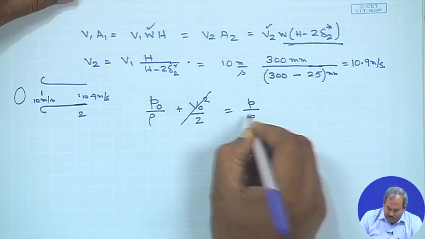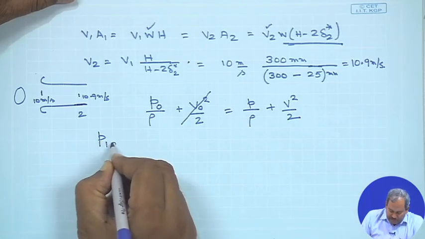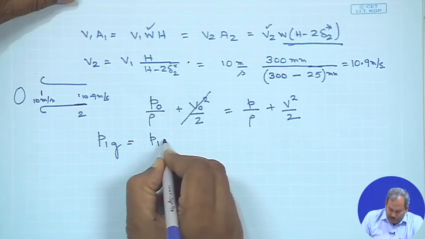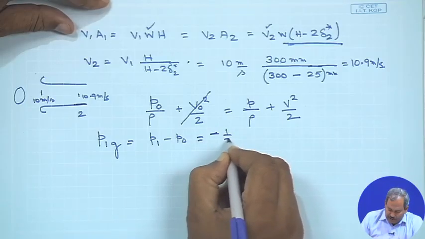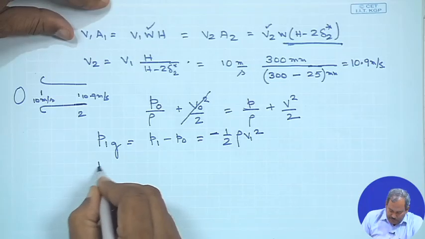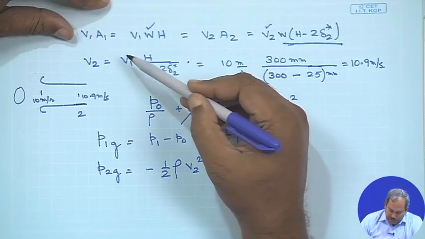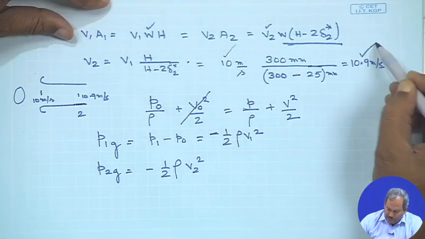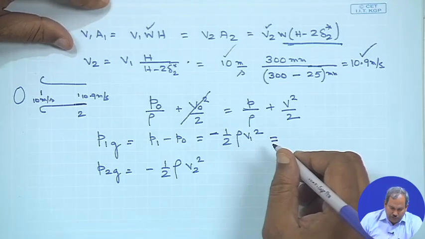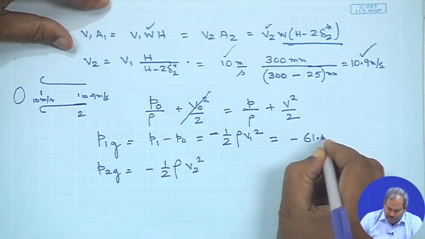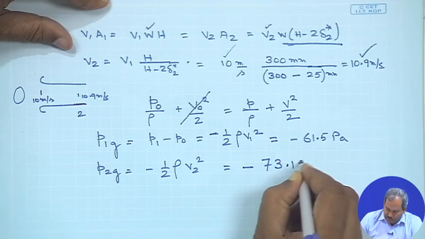This is going to be P by rho plus V square by 2. So, the gauge pressure at location 1 would simply be P1 minus P naught, which would be equal to minus half rho V1 square, and P2G would simply be minus half rho V2 square, where we know the value of V1 and the value of V2. When you put in these values, P1G should come out to be minus 61.5 Pascal, and P2 would be equal to minus 73.1 Pascal.